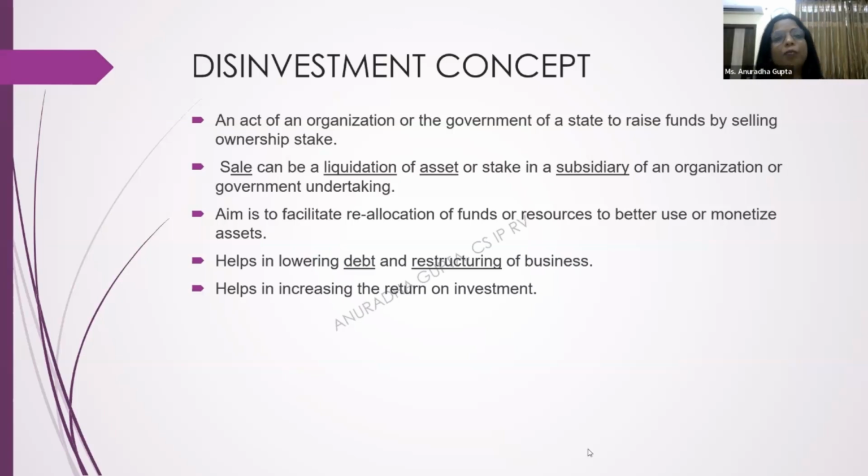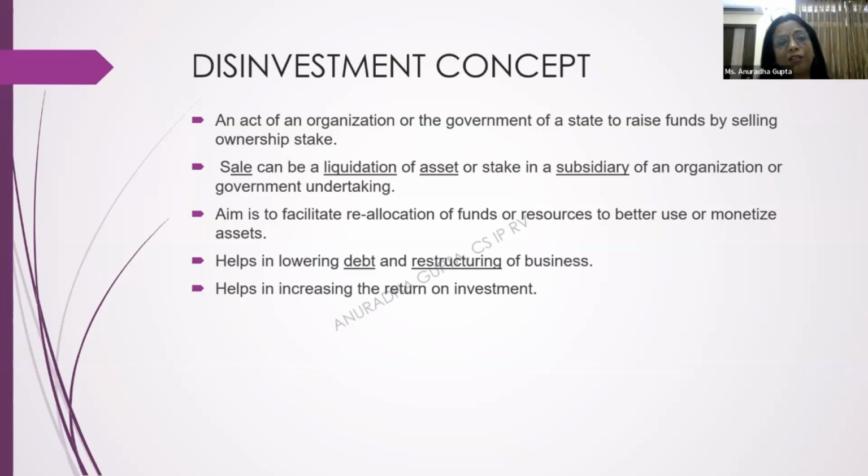So it can be in the form of liquidation of an asset. That means the entire asset is liquidated and money is raised, or some stake is offered in the form of shares, right? A recent practice adopted by the government is to bifurcate the non-core assets from the company. Non-core assets means the assets which are not involved in day-to-day operations.